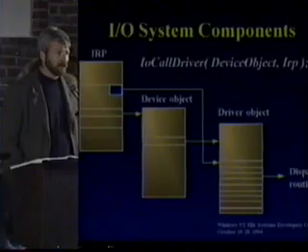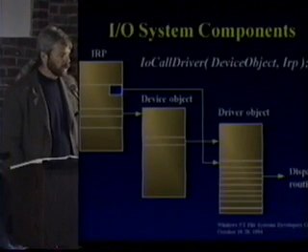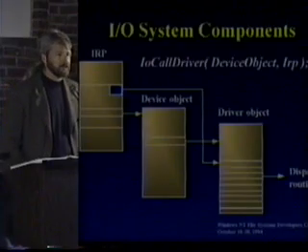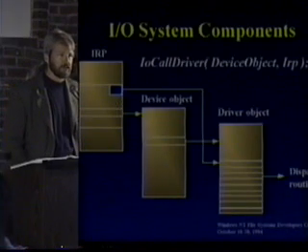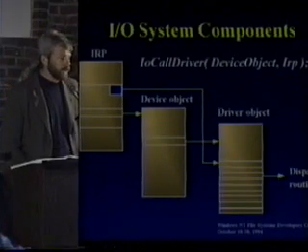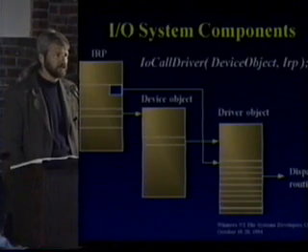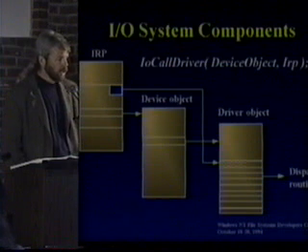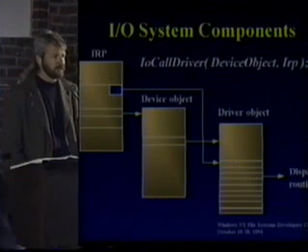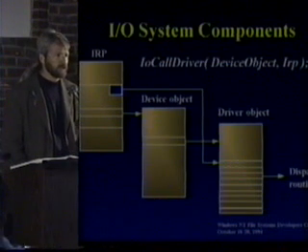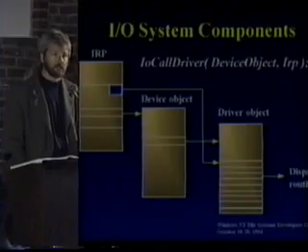What IoCallDriver does is take the pointer to the device object and find in it a pointer to the driver object that represents your driver in the system, and index into a table of dispatch routines which you filled in during your driver's initialization, and find the function that we're supposed to use for read, and that's the dispatch routine. So that's how IoCallDriver works. Okay?